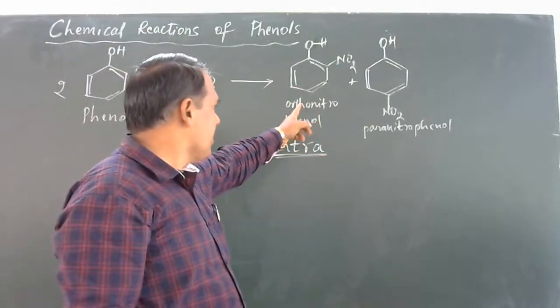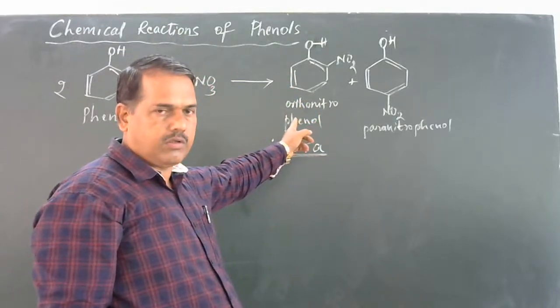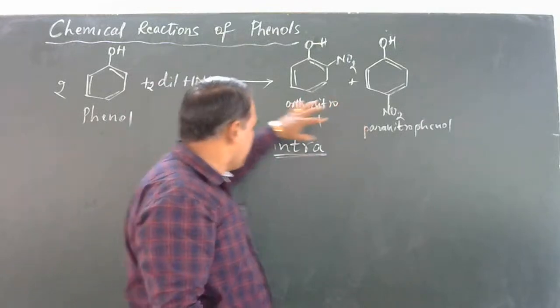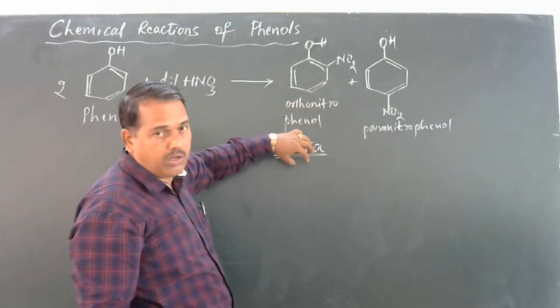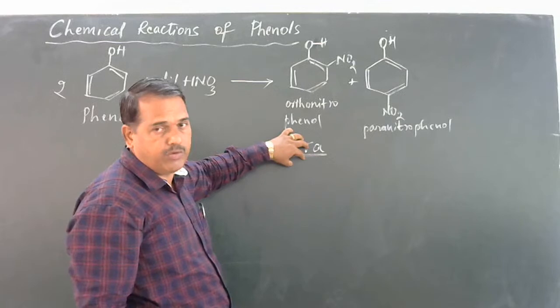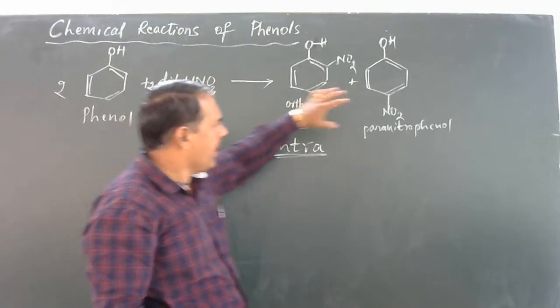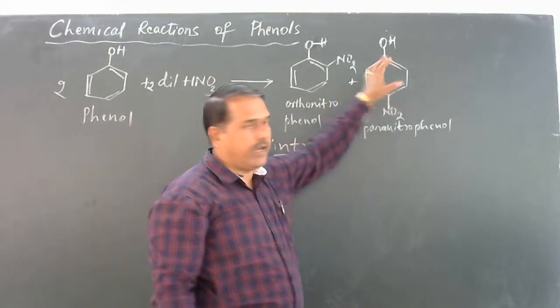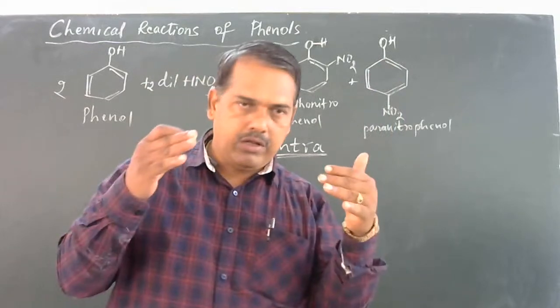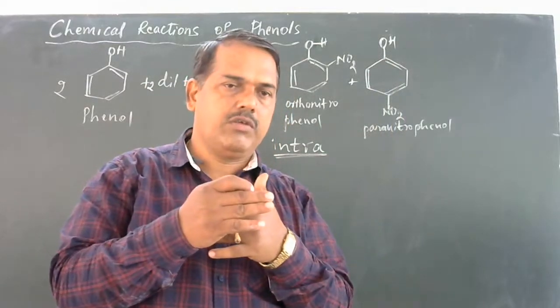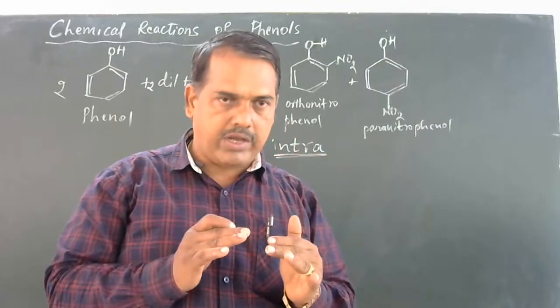Orthonitrophenol can be separated by steam distillation, and we can find an intramolecular hydrogen bond. You studied this in first PUC itself. And this is para-nitrophenol, where the association takes place and it is less volatile.